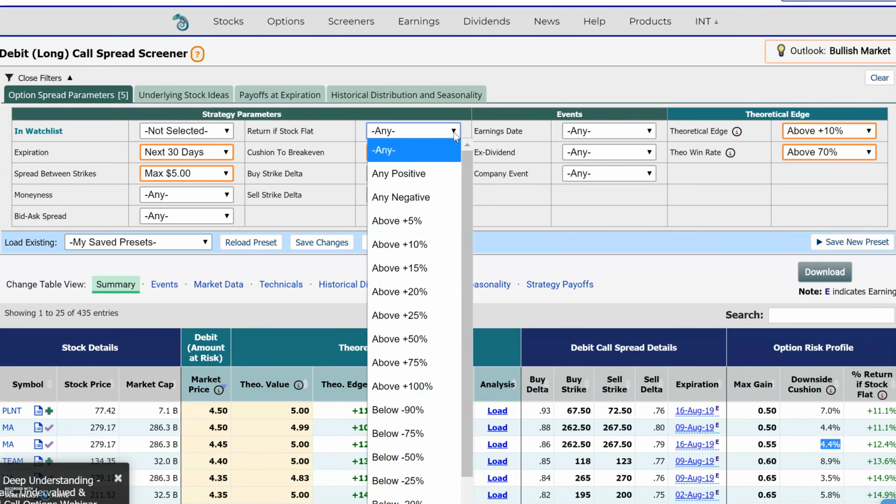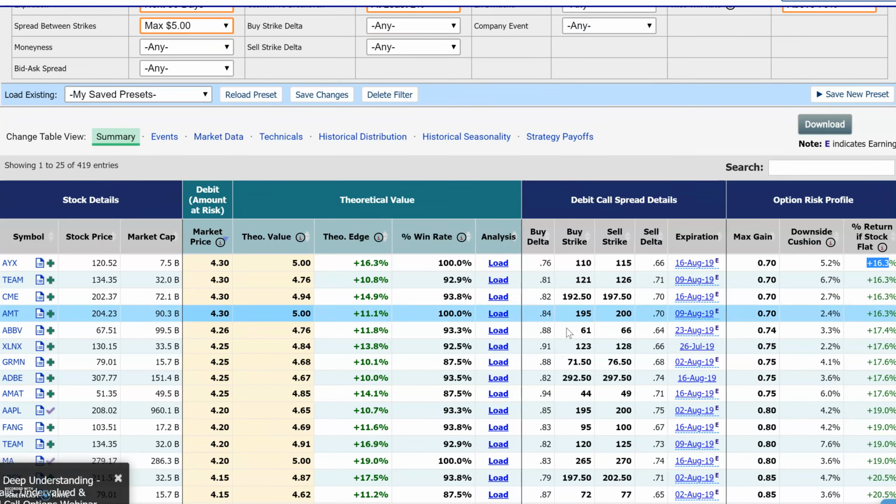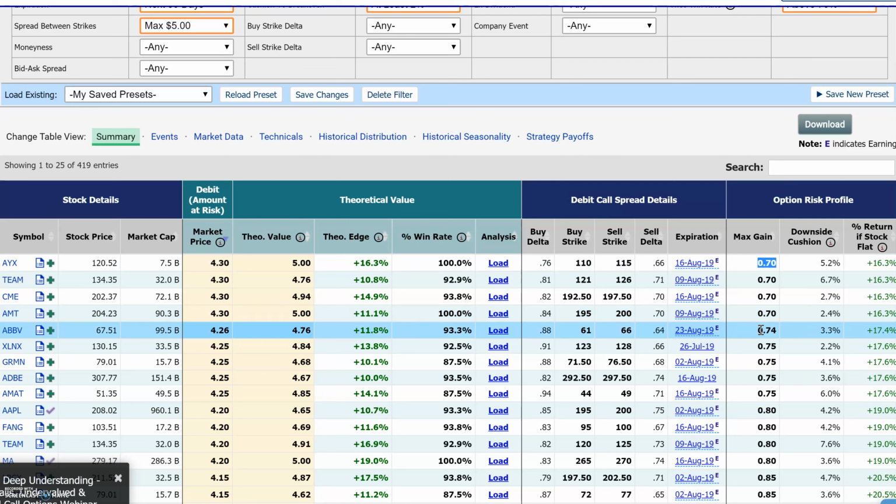Now also maybe you want a certain return if the stock just sits here or moves higher, and let's just put that at 15% and see what happens. So over here we could see that even if the stock just sits here, this call spread would be $4.30 to purchase with a 70-cent max gain.